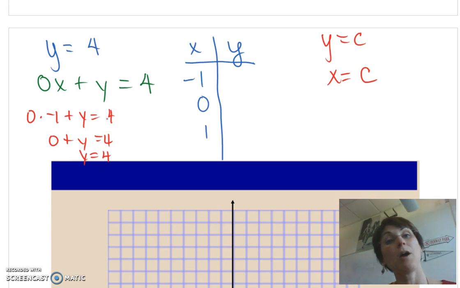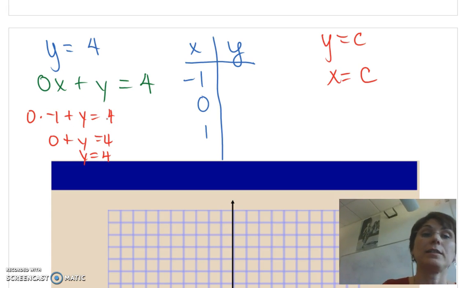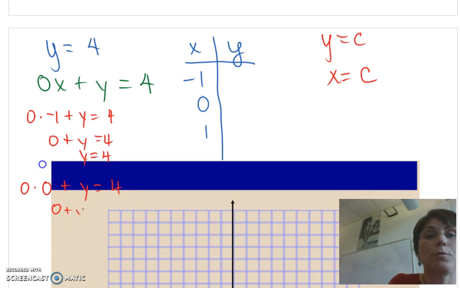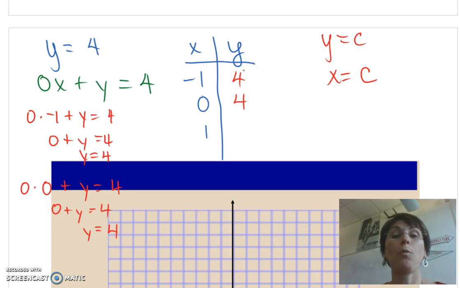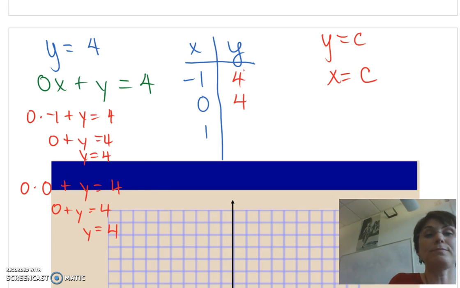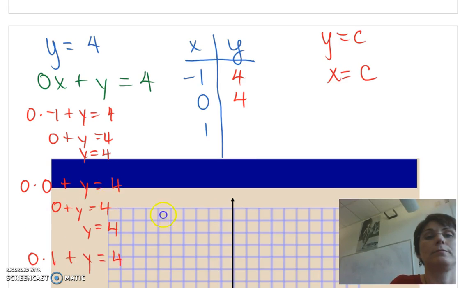Now let's try putting 0 in the place of x. So if I do that, I get 0 times 0 plus y equals 4. 0 plus y equals 4, so y equals 4. So in both of those cases, y was 4. Now let's put 1 in the place of x. Are you starting to see a pattern? So there we'd get 0 times 1 plus y equals 4.